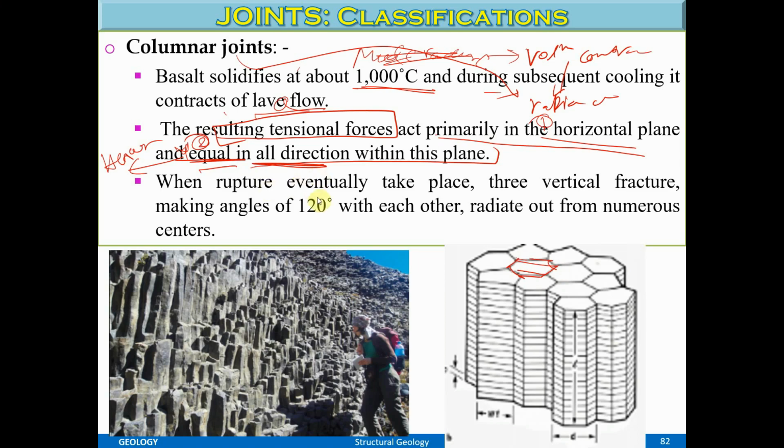So the rupture eventually takes place, and when it does, three vertical fractures develop, making an angle of 120 degrees with each other, radiating out from the center, or from numerous centers. So there will be a hexagonal shape each time due to the tensional stress. This type of joint is called the columnar joint, and this is very important. Write this name down.